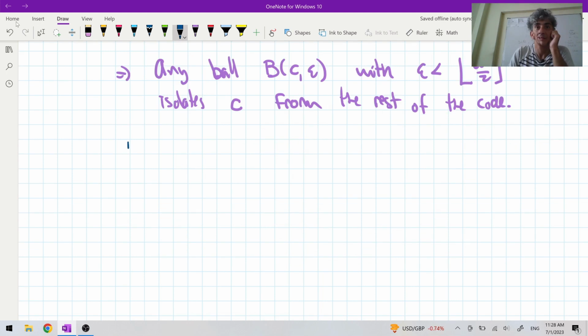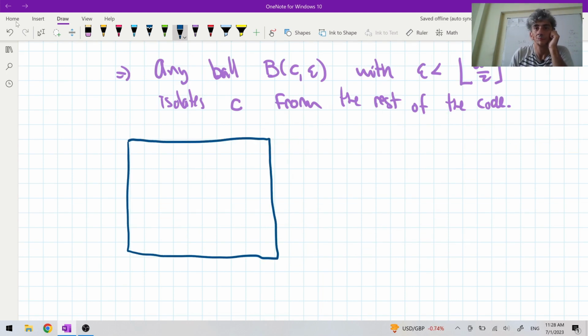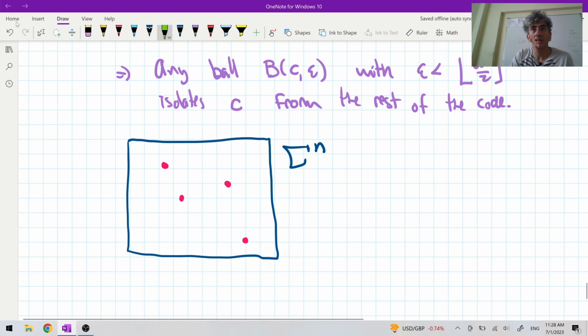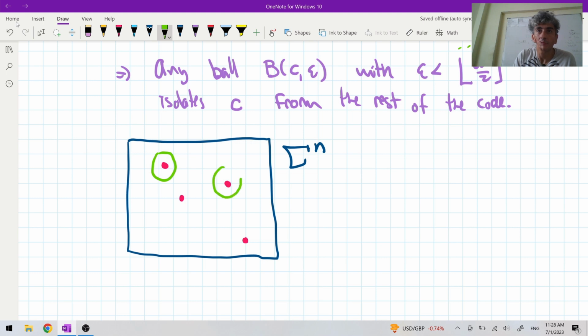Again, if we take this picture of sigma to the n, then we know that balls that have a radius smaller than (D minus 1) over 2 actually isolate all the points.